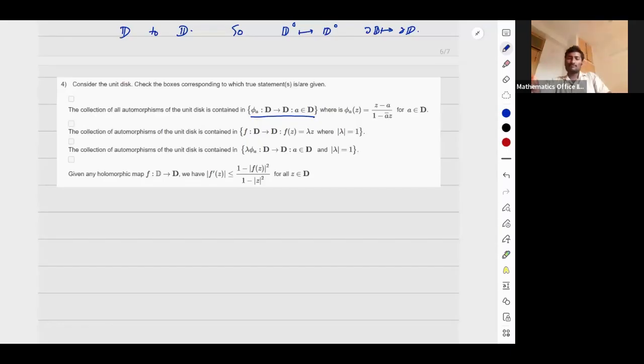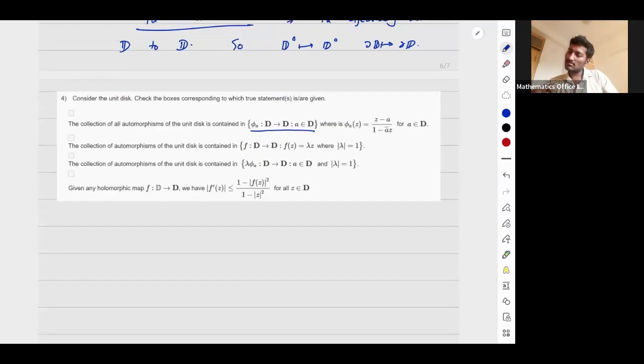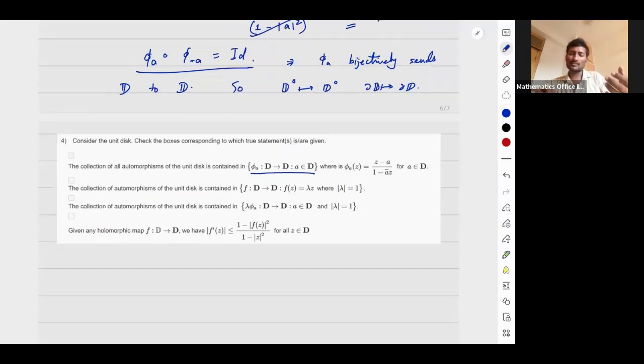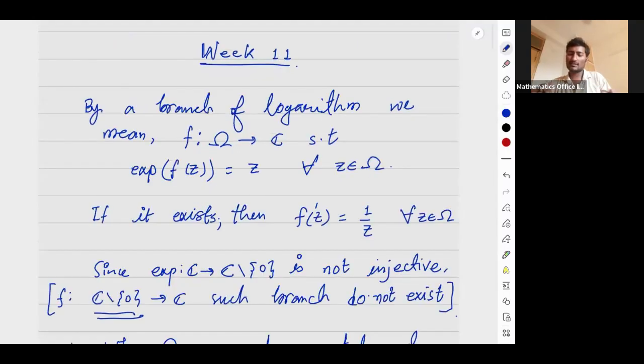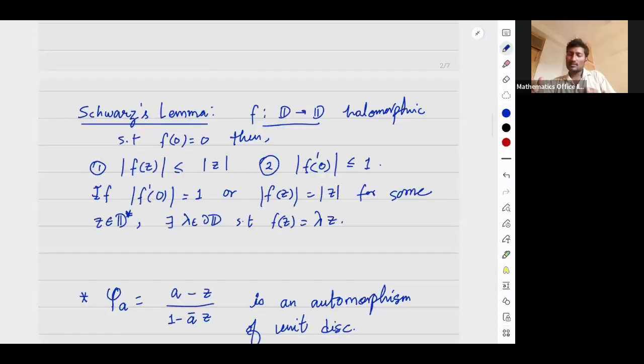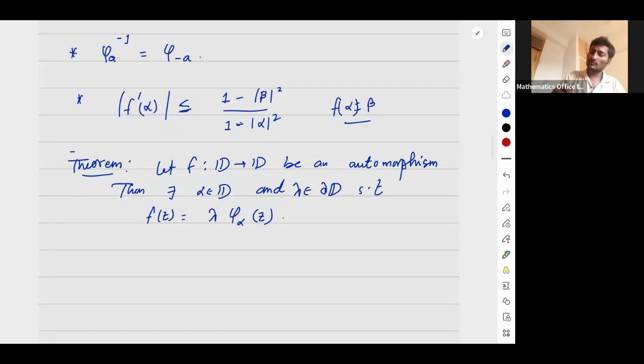Okay, so this is what we discussed. This is why we discussed earlier. This theorem was proved in the class.